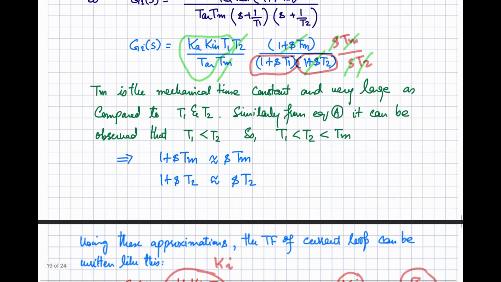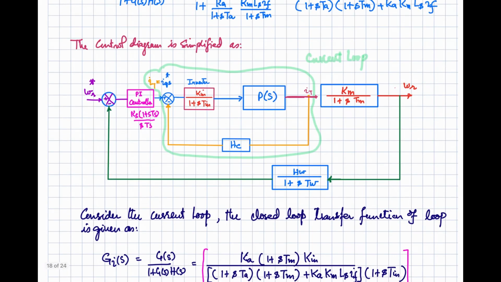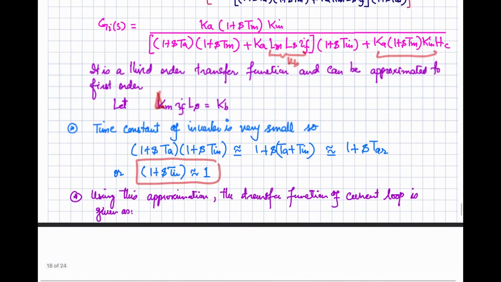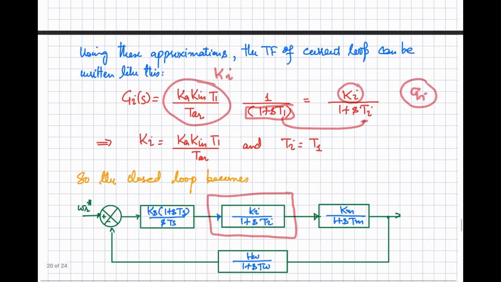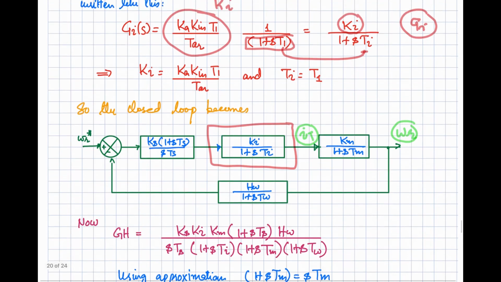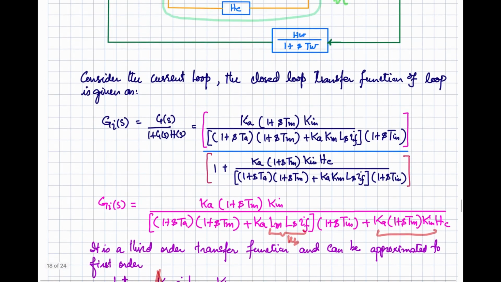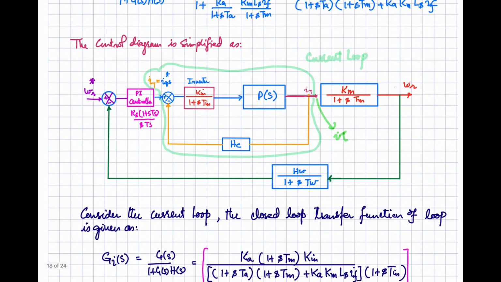So now if I mark the points over here, what we are going to get from this control diagram, if I go back and look at over here, we have the IT, that's the input of this transfer function. So let me mark it over here, that this one is the IT, right? And over here is the omega r in this control diagram. And the input of this control loop is, if I go back and observe over here, you can see it's the reference IT that you want to establish, that is IT.